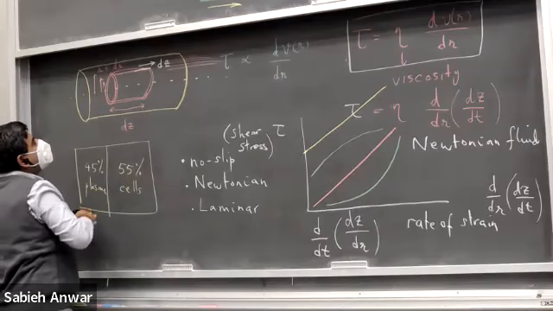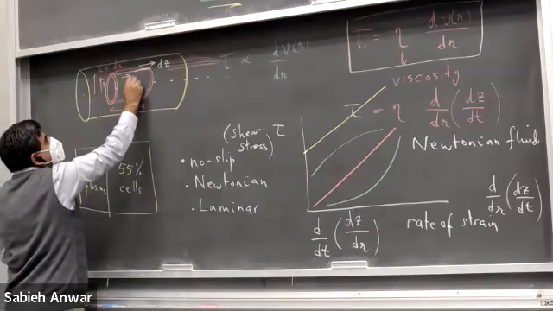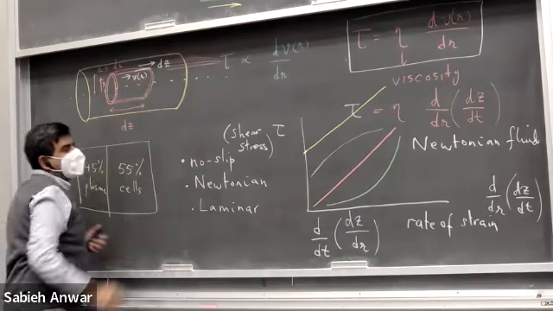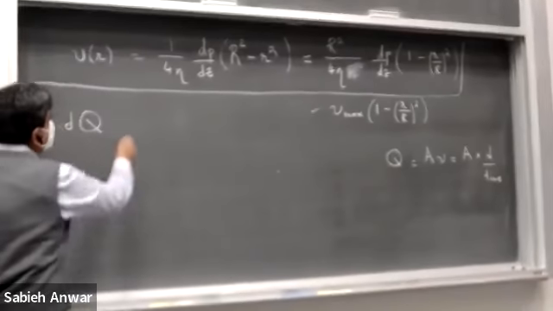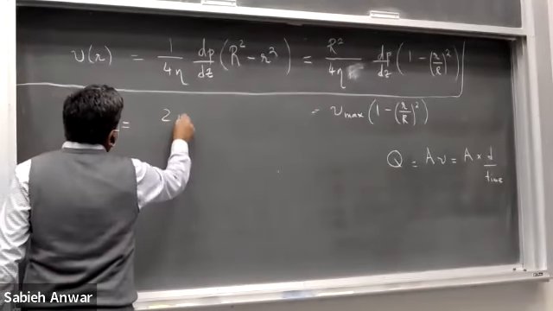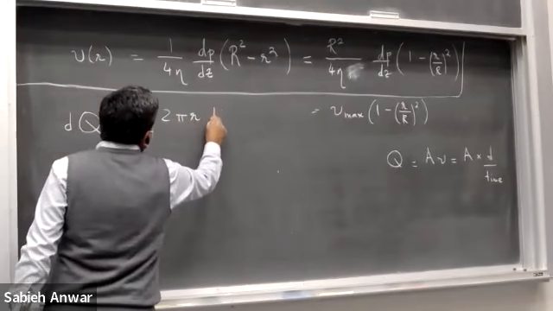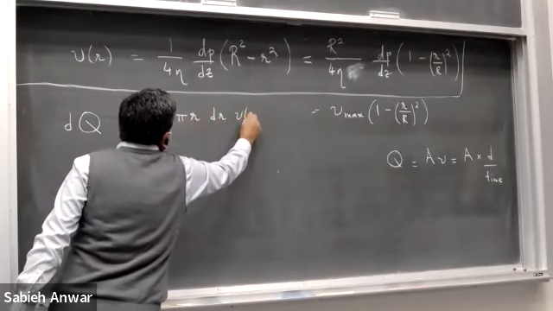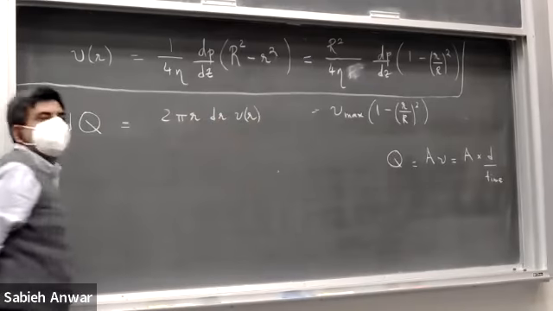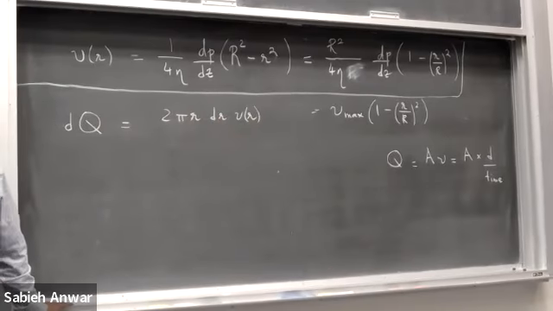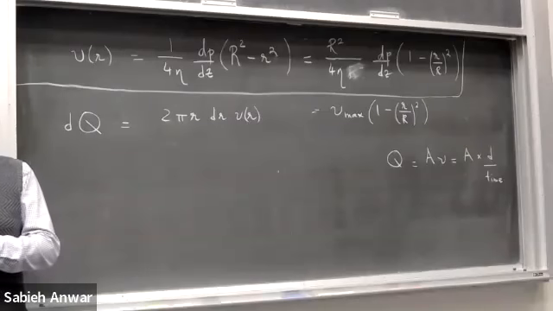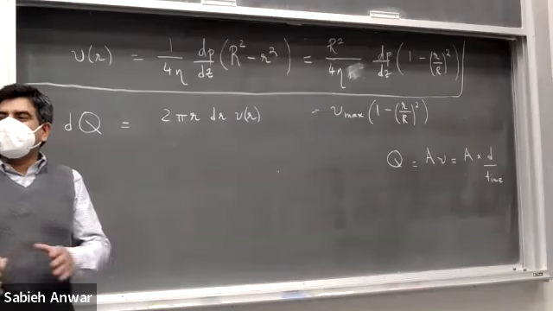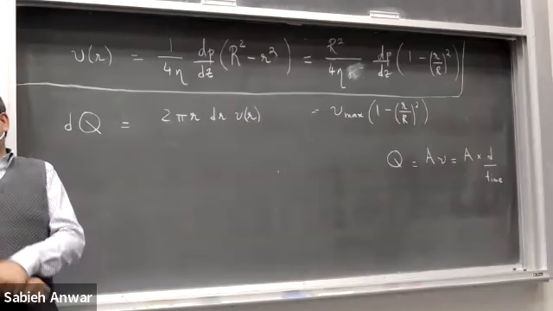So the speed in this region is v at r. So in order to find dQ, you would need 2 pi r dr into v of r. Correct? This is the amount of fluid in cubic meters passing through a certain section per unit time.